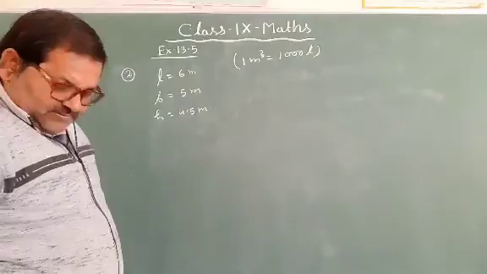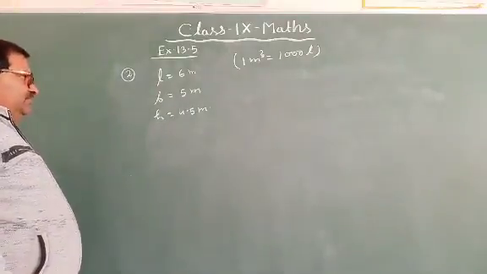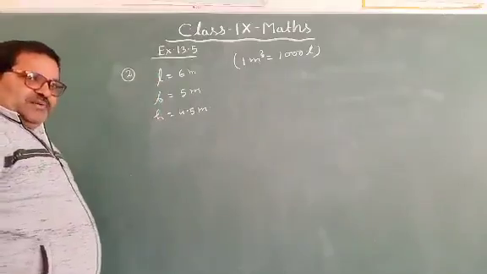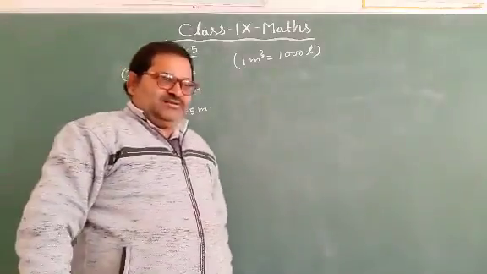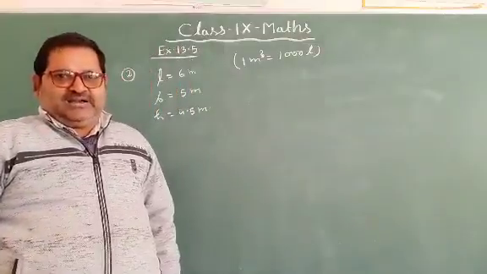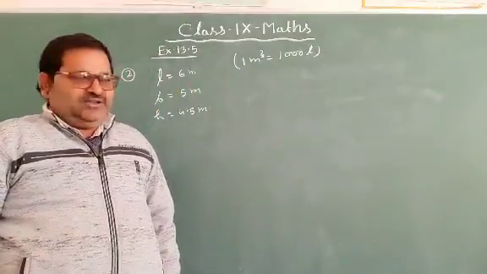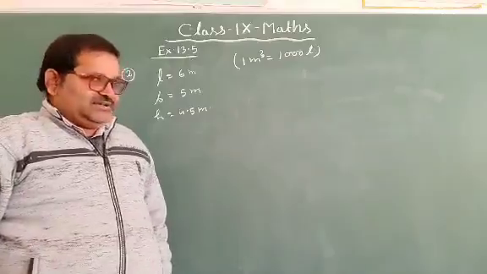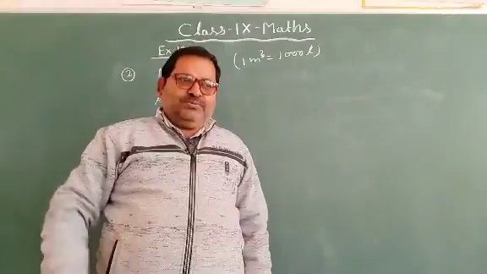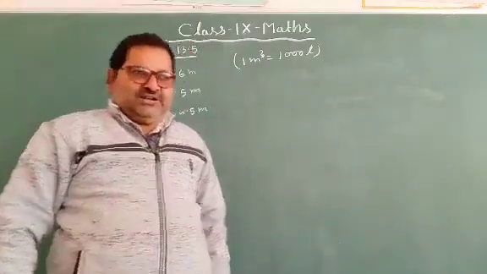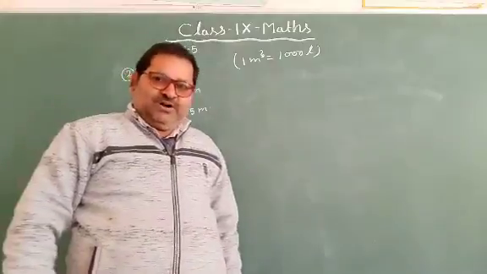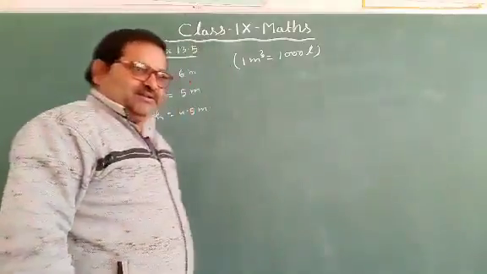This is the length, breadth and height of a cuboidal water tank, and it is given that 1 meter cube is equal to 1000 liter. First we find the volume of the cuboidal tank.